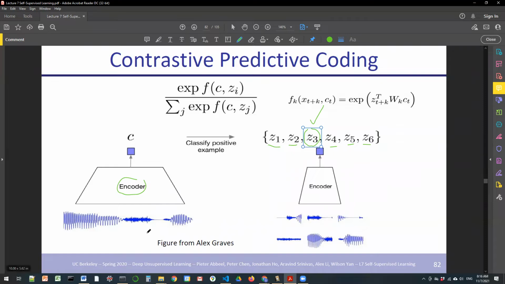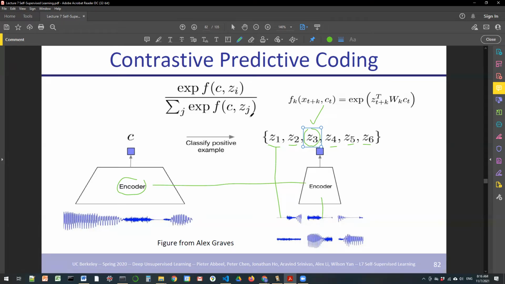These could be audio samples from the same audio, or it could even be audio samples from some other audio not directly related to this audio. Those are all the samples that you take through the encoder to get these latent space representations. Same thing with C; this encoder and this encoder are exactly the same.